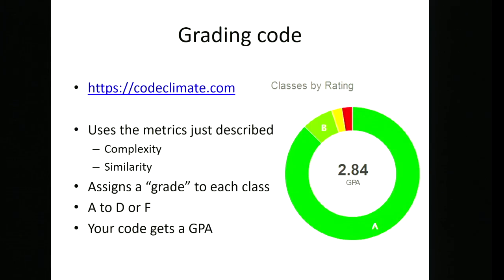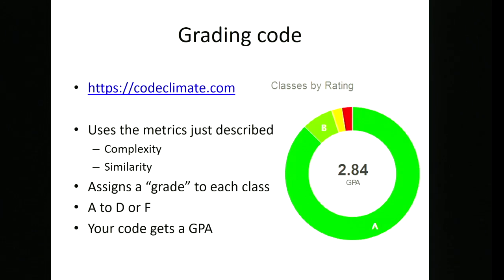It works for pretty much any language that you might ever want to use, and it will use those sorts of metrics I've just described. It will give your code a grade point average, which is a bit of an Americanism, but we can work with that.